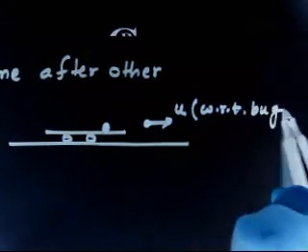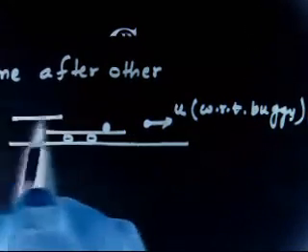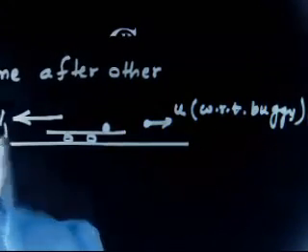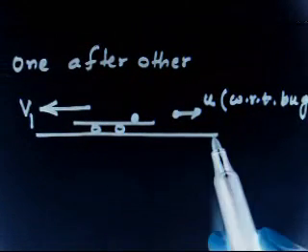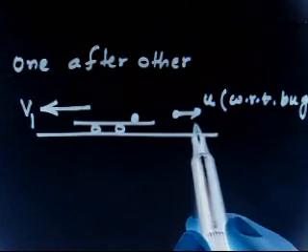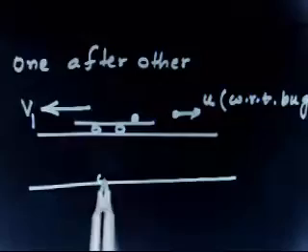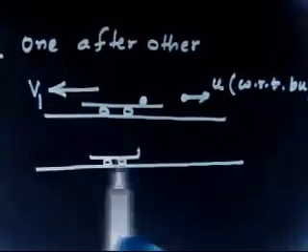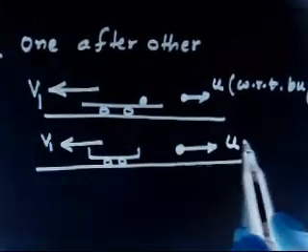Now this time the buggy is going in the backward direction with speed v1. So what is the speed of man with respect to ground? This is u, this is v1, so this is u minus v1. So now I can say velocity of buggy is in this direction v1, and the actual velocity of man in this direction is u minus v1.